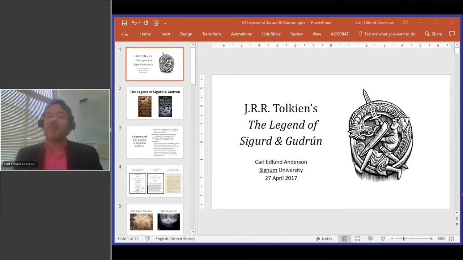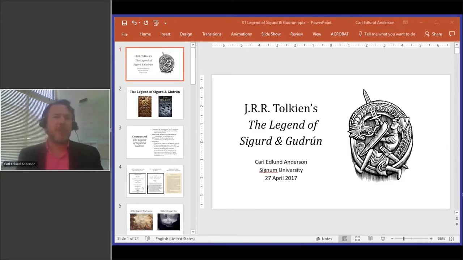So the book, as published, also contains a few other poetic fragments written by Tolkien in both modern and Old English on related topics. And there is a good deal of commentary by the book's editor, J.R.R.'s son, Christopher, dealing with his father's poems and the medieval sources on which they were based. And these incorporate some material drawn from Tolkien's lecture notes on the legends and related topics, particularly dealing with Old Norse literature.